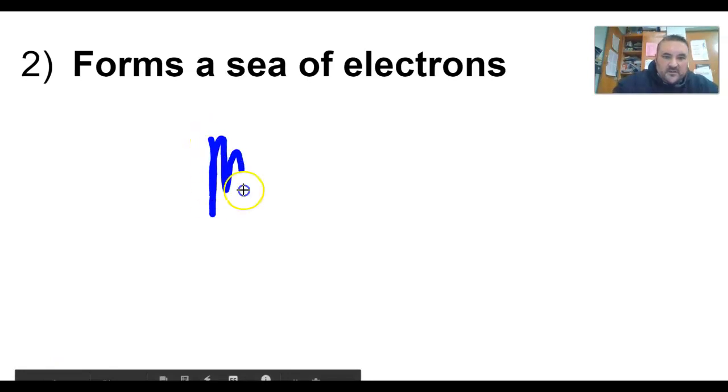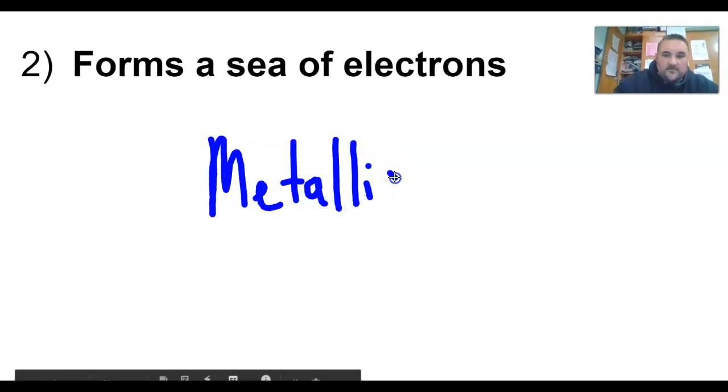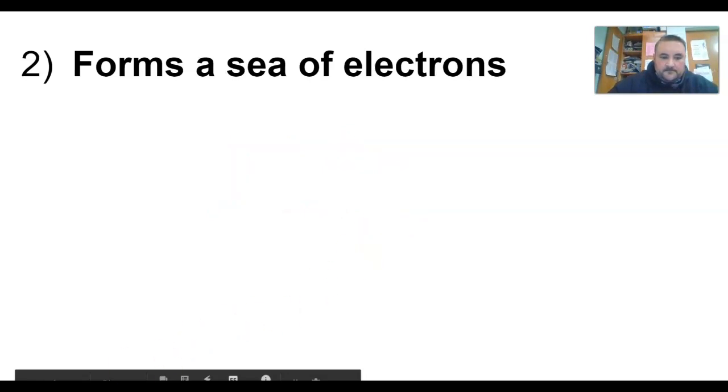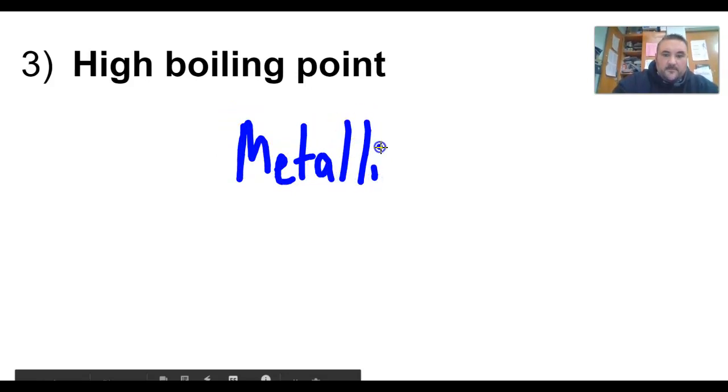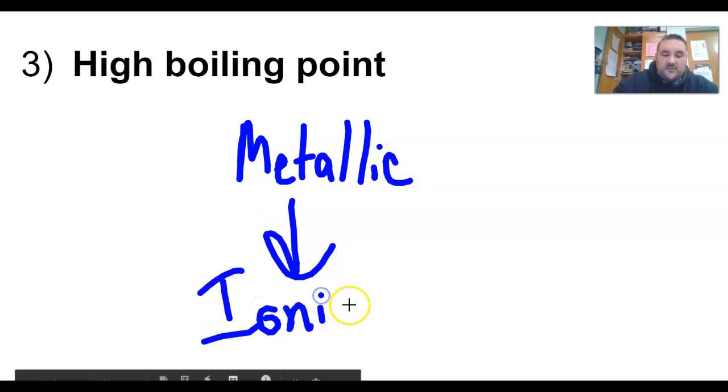The sea of electrons is a metallic bond. Has a very high boiling point. This one you could probably have too. This could be metallic because metals have a high boiling point. Probably the best answer, ionic, have a very high boiling point.